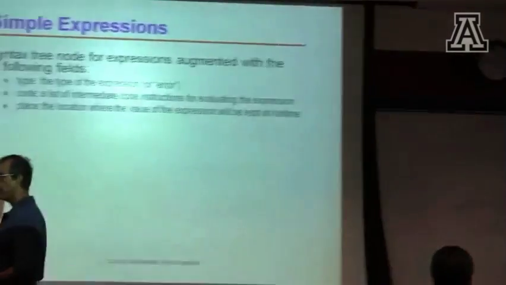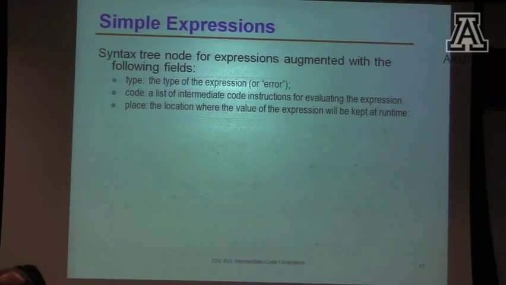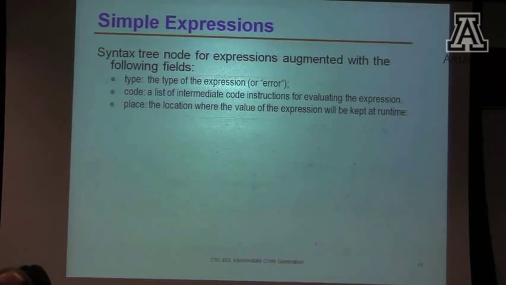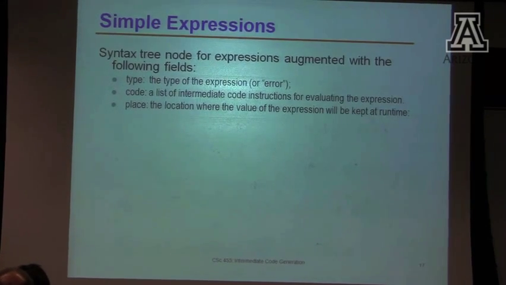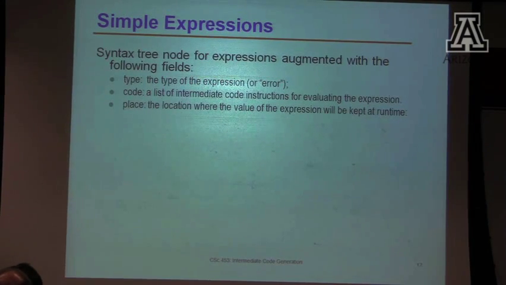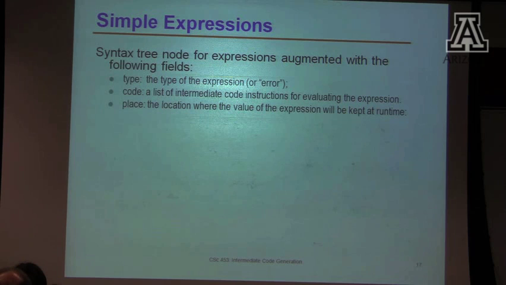I'm also going to have a new field called code, which is the list of instructions that I need to evaluate that expression. Each expression will have associated with it a list of 3 address instructions. We talked about this briefly on Monday, where we're doing a post-order traversal of the tree.